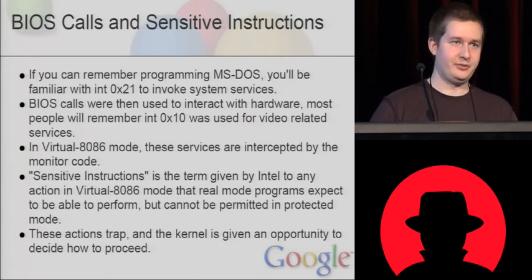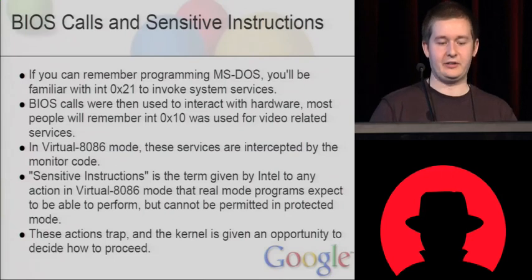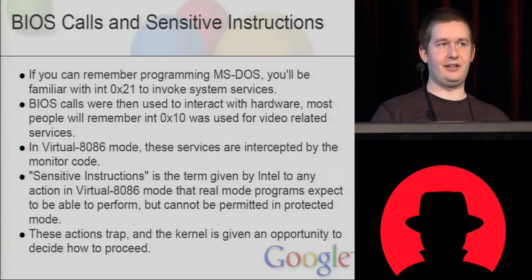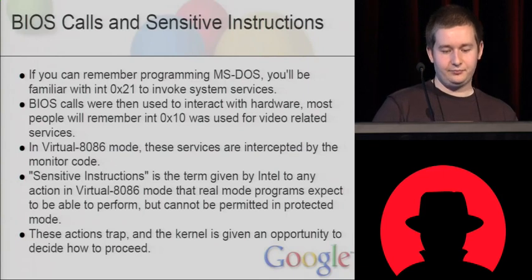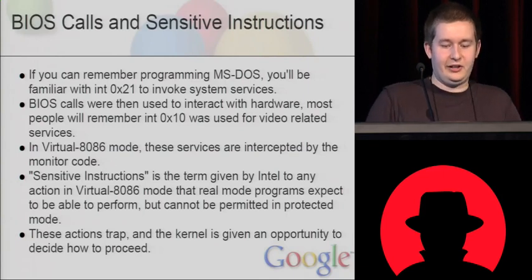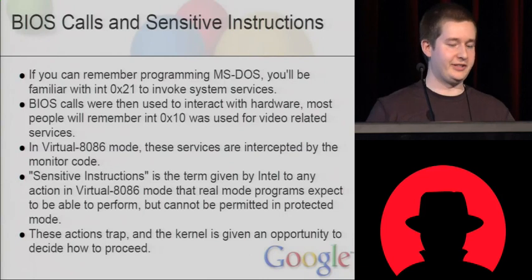In this way, programs that could never be allowed to work in protected mode can have all the services they expect to use faked, and they can think they're working on a real MS-DOS system or whatever. So these actions trap, and then the kernel is given an opportunity to decide how it wants to proceed.